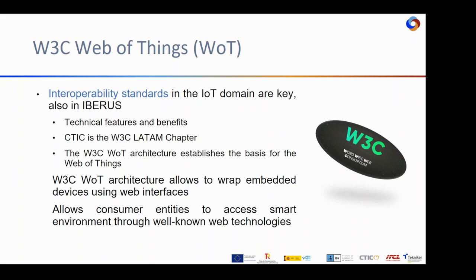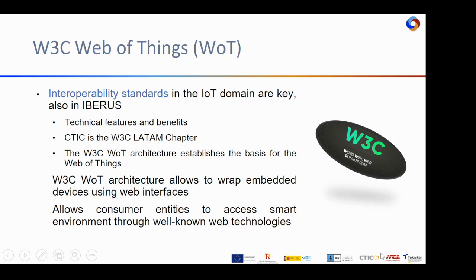And thirdly, because the W3C WoT architecture establishes the basis for the Web of Things. Therefore, the W3C WoT architecture allows to wrap and embed devices using web interfaces to eliminate communication barriers between virtual and real worlds, providing a uniform and open interface that allows consumer entities to access the resources of a smart environment through well-known web technologies.